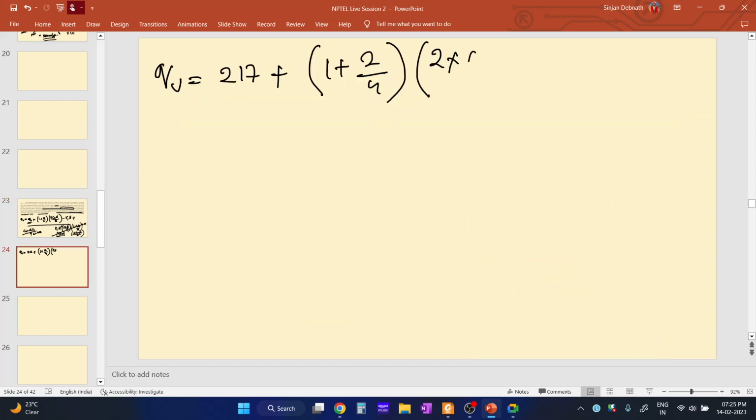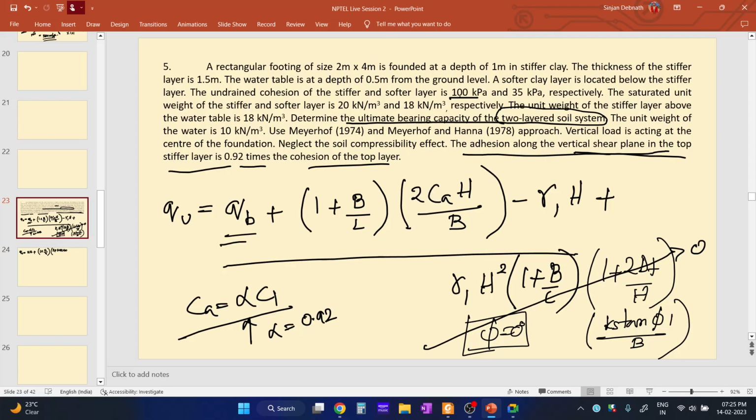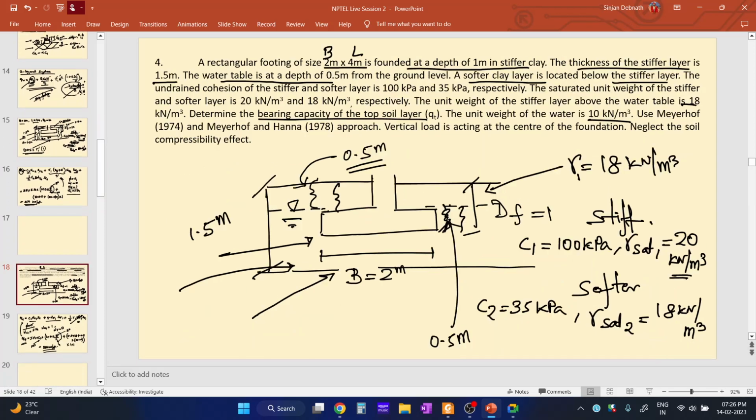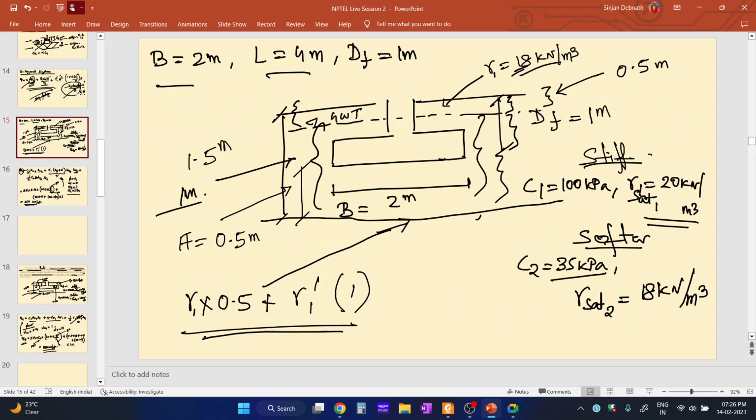So 0.92 into 100 into H. So what is H? H is the thickness of this part.